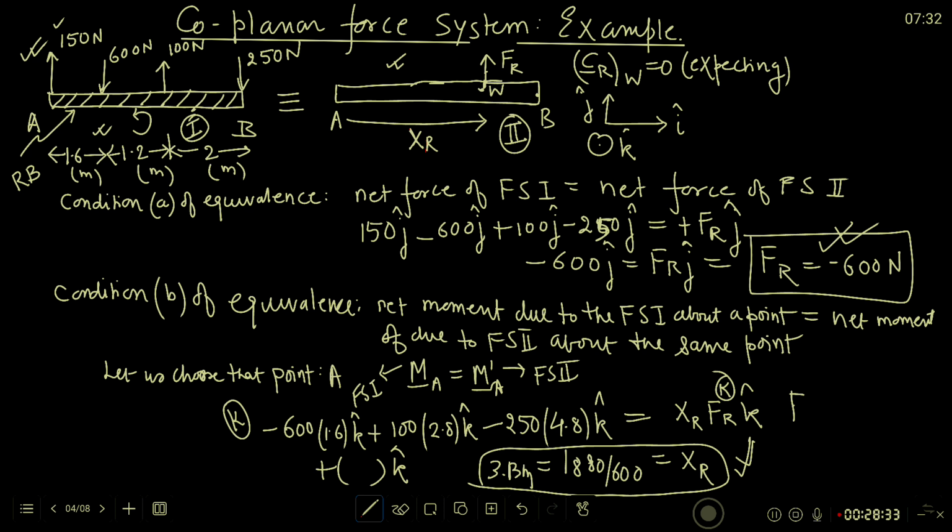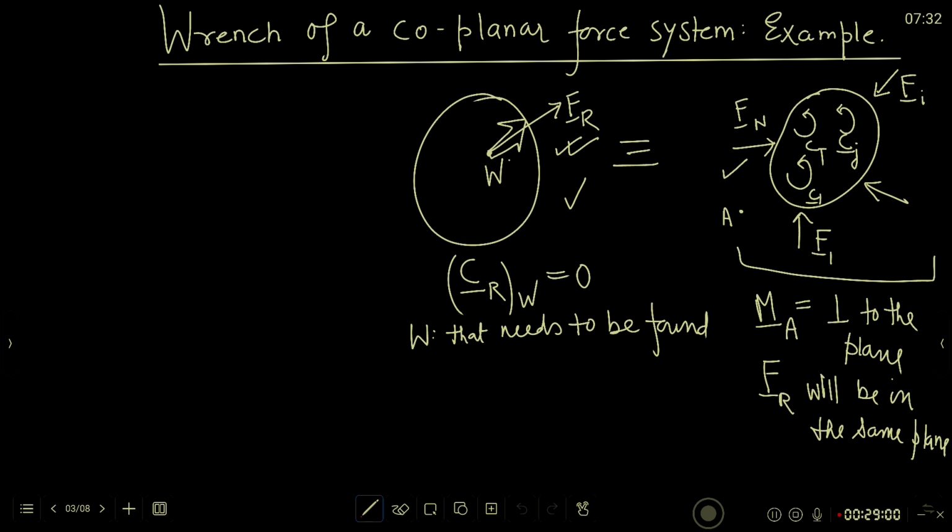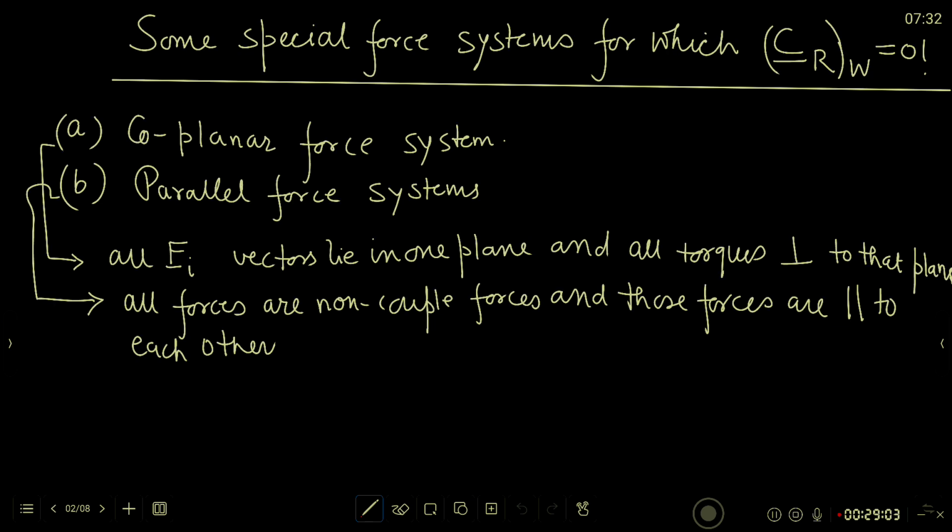Our conclusion will remain unchanged. You will get a new xr where you can put one single force Fr, and that will give you an equivalent force system, a force system which is equivalent to the original coplanar force system. Okay. So this is the first example of a special force system in which CRW turns out to be 0.